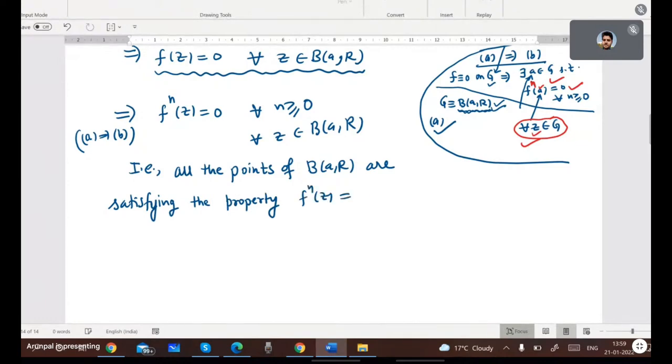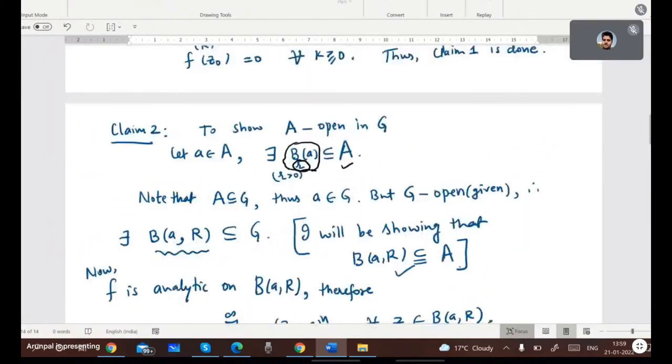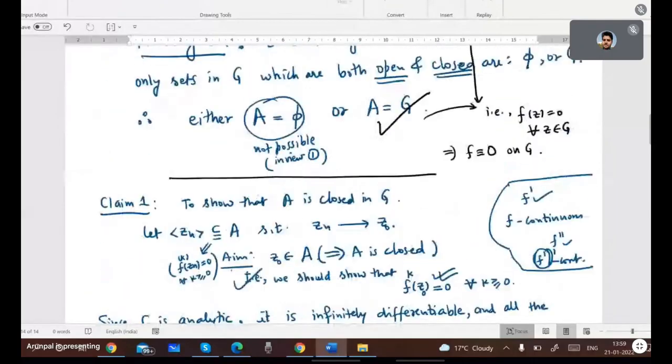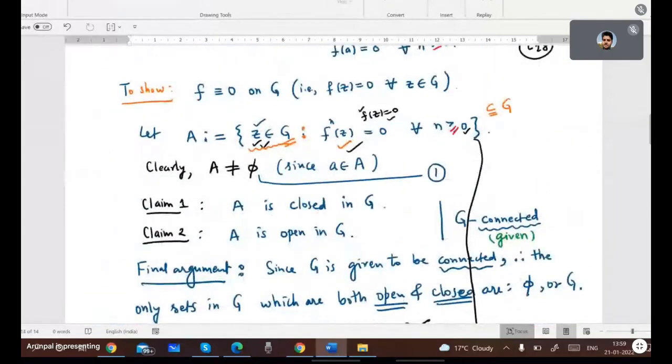I'm writing the same thing, class, in words only. And if any point satisfies this property, then that point must be in A, because A was exactly the collection of all those points which were satisfying this property.